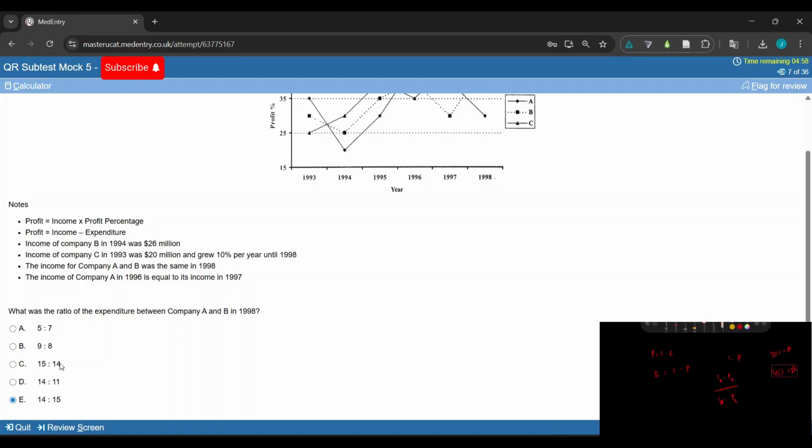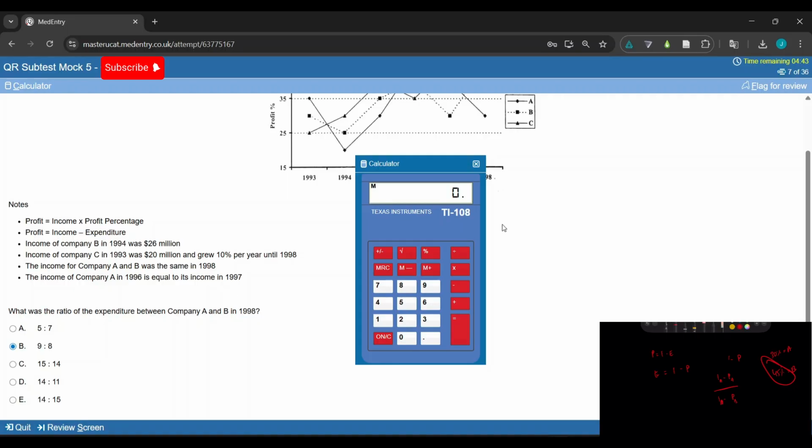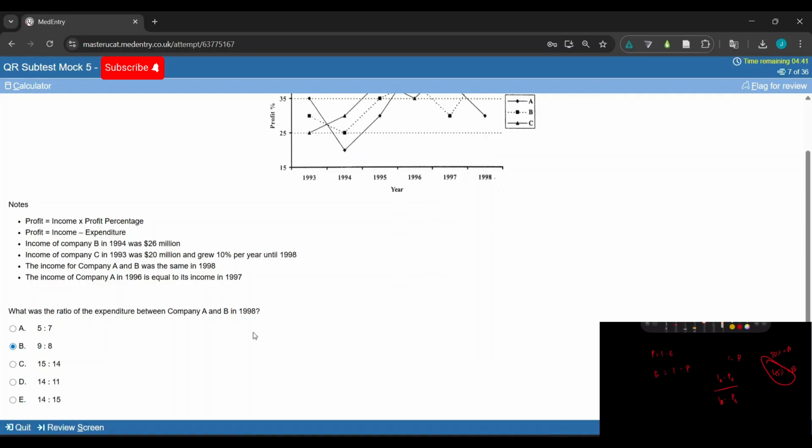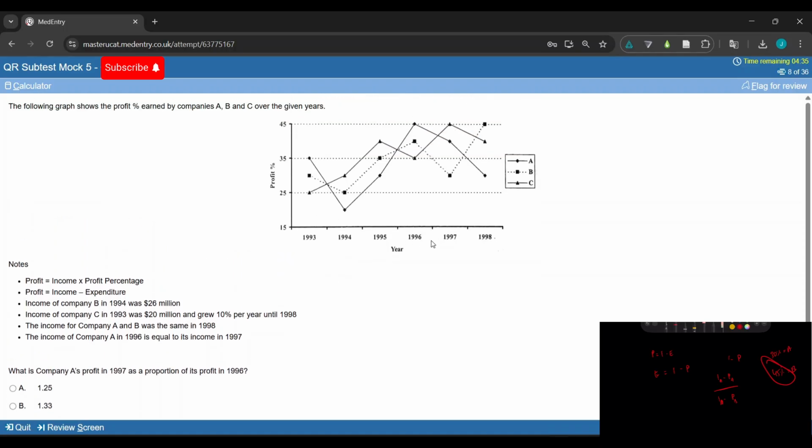Okay, so it can't be this one. Can't be that one. So it's one of the others. In terms of the numbers we have here, 15%. Okay, well, because these are flipped, I think I'm going to go with C as my answer. Company A's profit in 1997.